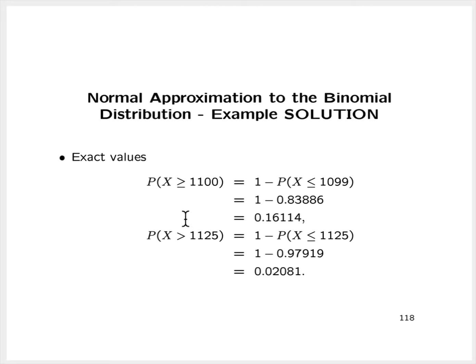The probability that X, the number of people in the sample who express approval, is greater than or equal to 1,100 is 0.16114. And the probability that more than 1,125 people express approval is 0.02081.